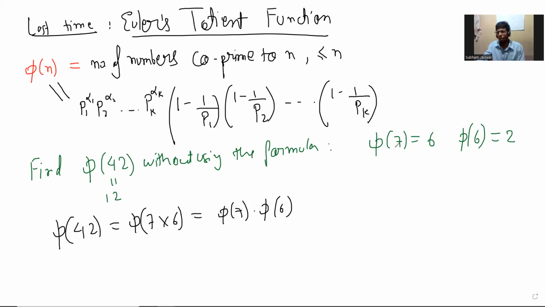So is this thing always true? That is the first question, before we go into discussion. Because this is a short question, is this always true? Is phi of n1 n2 equal to phi of n1 times phi of n2? All you need to do is take a lot of examples and check, right?